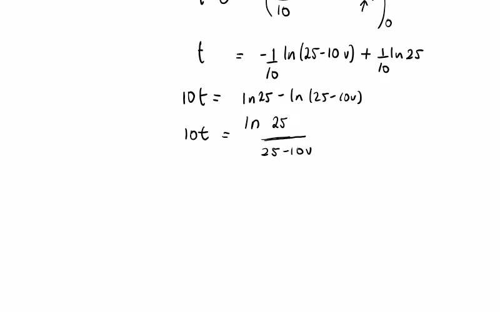So we know we need to get rid of the natural log, we need to raise the other side. e to the power of 10t is going to be equal to 25 over 25 minus 10v. We want to solve for v here, so let's multiply across by 25 minus 10v. 25 minus 10v by e to the power of 10t is equal to 25.